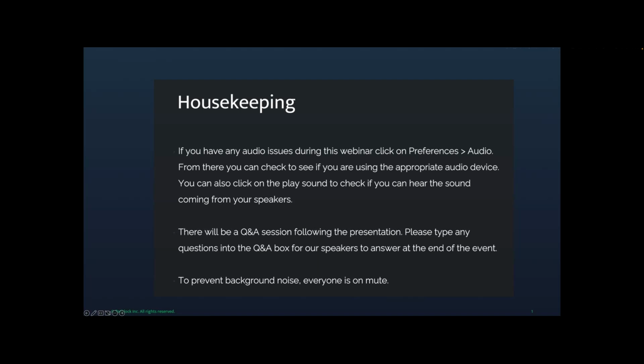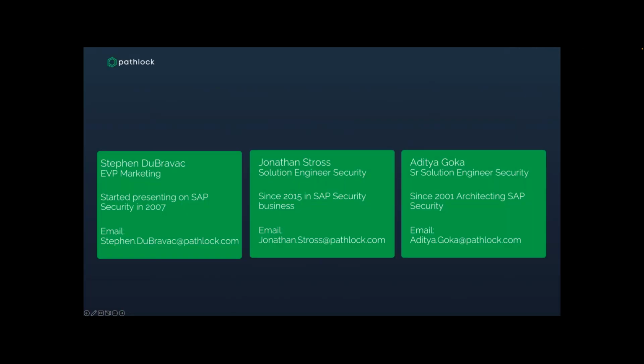Thank you, Stephanie. I really appreciate the introduction, and I appreciate everybody being here. My name is Steve Dubrovac, and I am going to be presenting with two of Pathlock's finest engineers. Jonathan Strauss joins Pathlock through a recent acquisition that focused on SAST and the securing of the SAP platform. He's been in the security space since 2015, and so has a lot of experience.